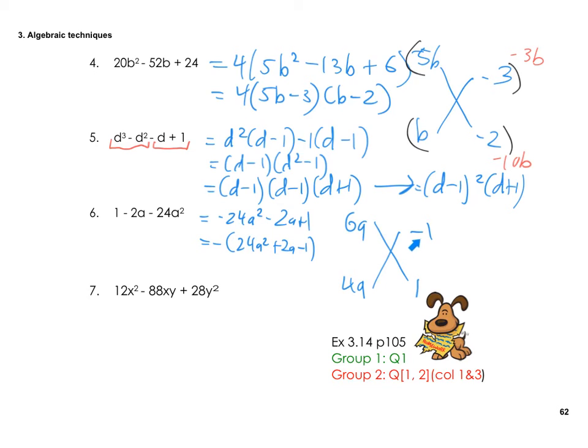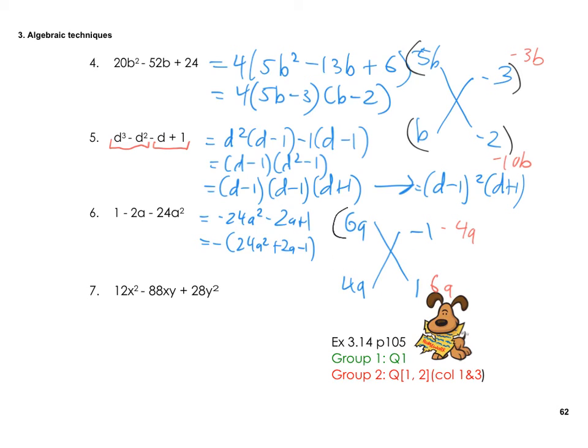Because remember, minus 1 times 1 is minus 1. So the cross, so 6a times 1 is 6a. 4a times negative 1 is negative 4a. Negative 4a plus 6a is 2a, which means this is correct.